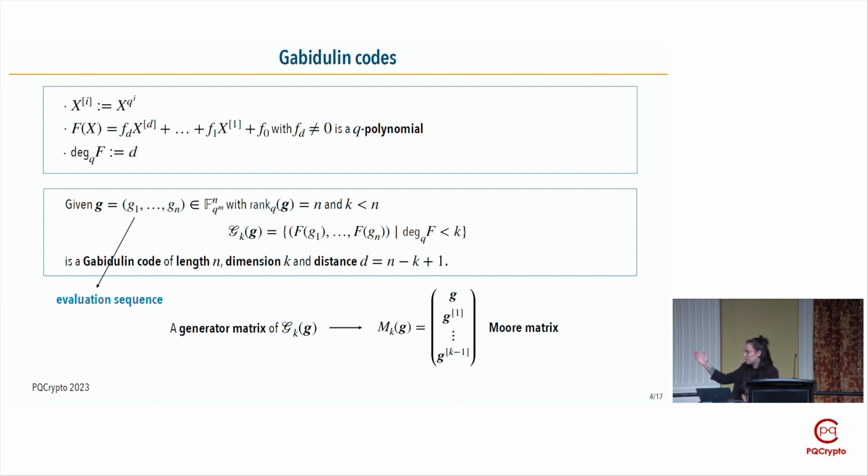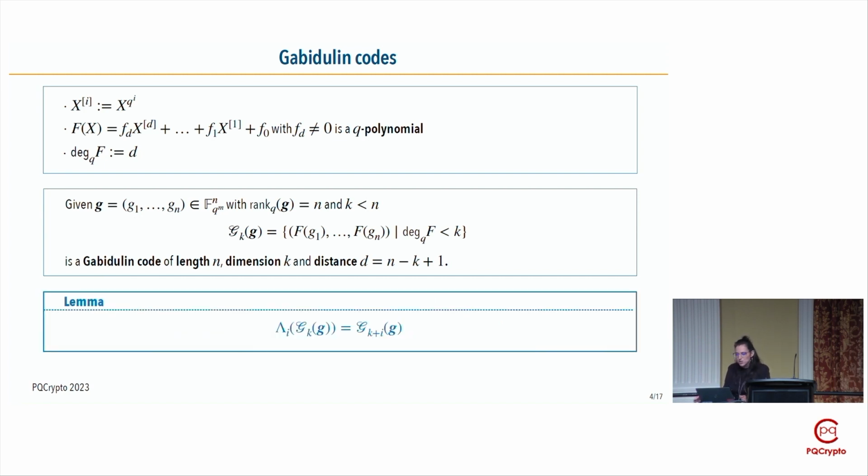And you can see the similarity with Reed-Solomon codes in Hamming metric, because Reed-Solomon codes are evaluations of polynomials of bounded degrees. Here we have evaluations of q-polynomials of bounded q-degrees. And a generator matrix of a Gabidulin code is what we call a Moore matrix. So it's a matrix of this form here, where you consider the q-powers of the evaluation sequence.